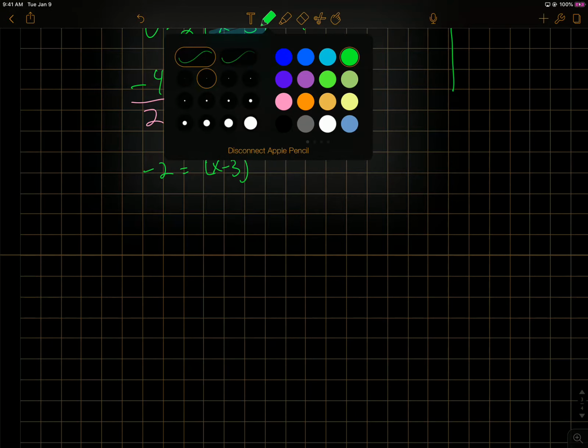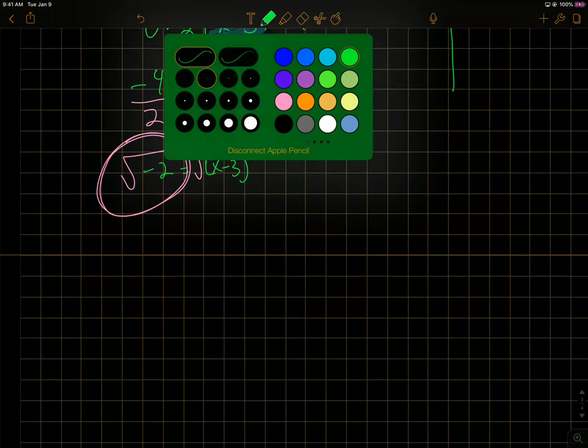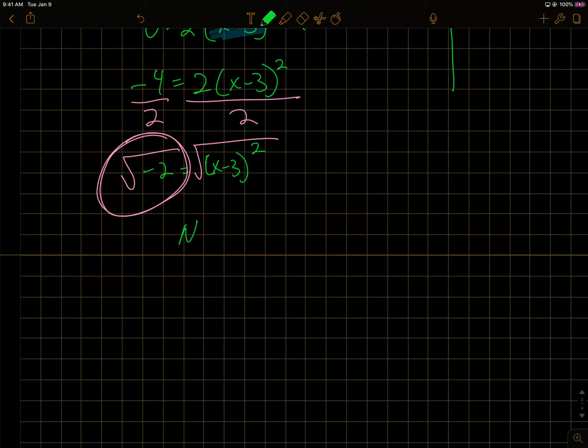Now here's the step where it usually splits into two answers. When I square root both sides to get rid of the squared, you run into a problem. You cannot square root a negative number. There are no solutions to this equation. Therefore, there are no x-intercepts.